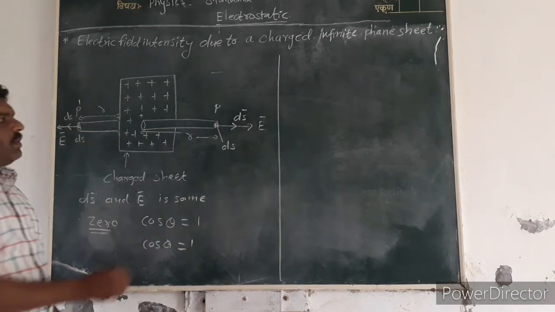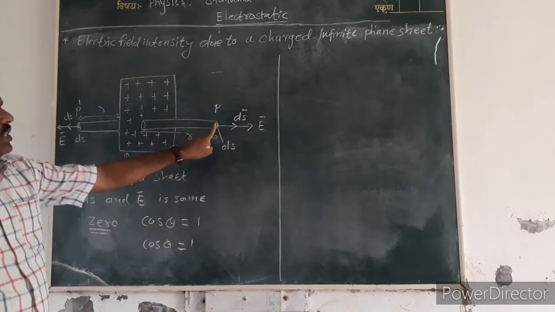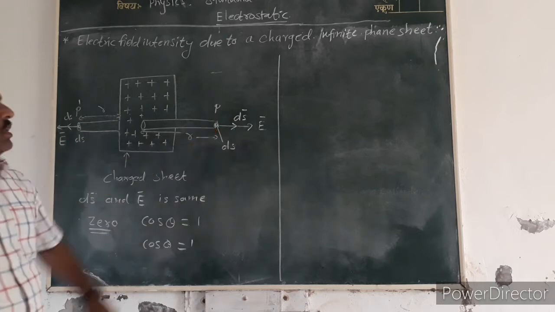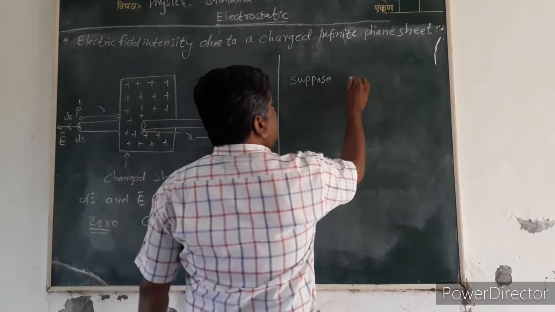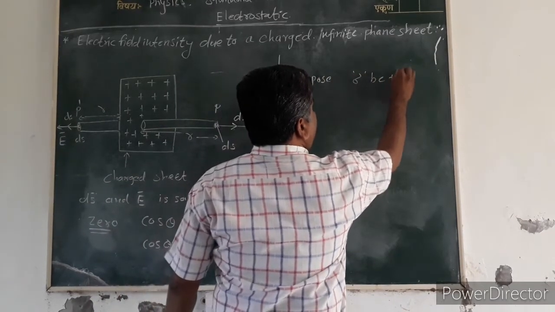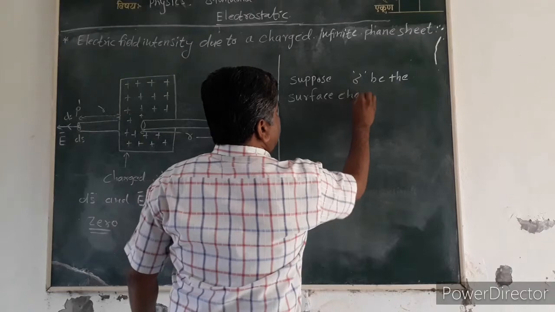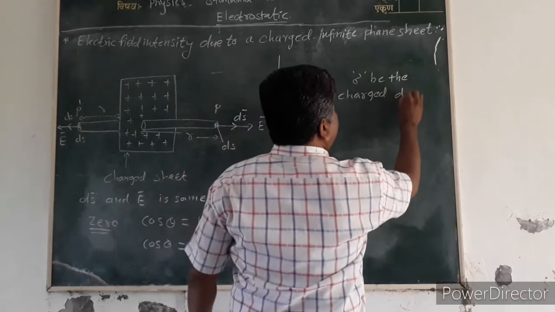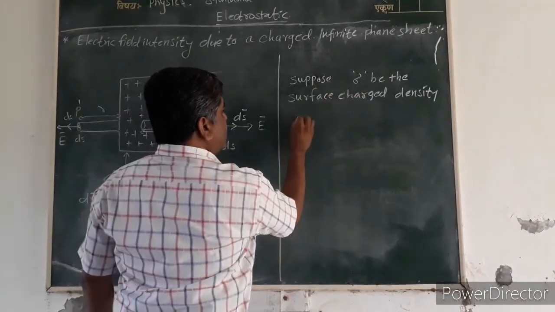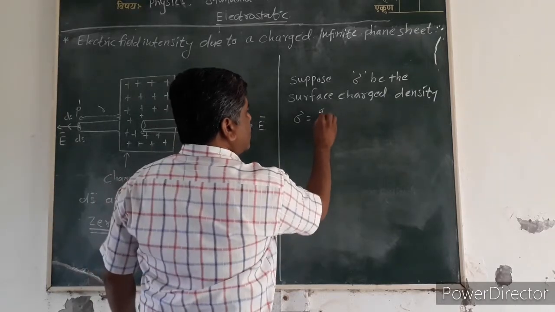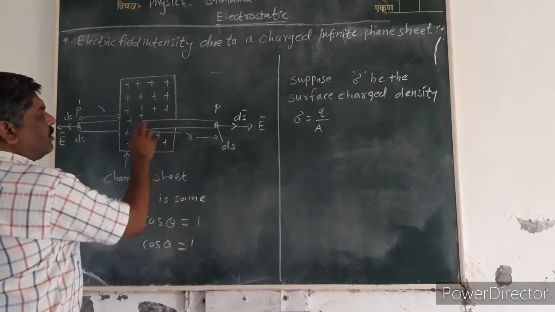Our aim is to find out the electric field intensity at point P. Suppose sigma be the surface charge density, then definition of sigma is equal to Q upon A, where A means area of the Gaussian cylinder.